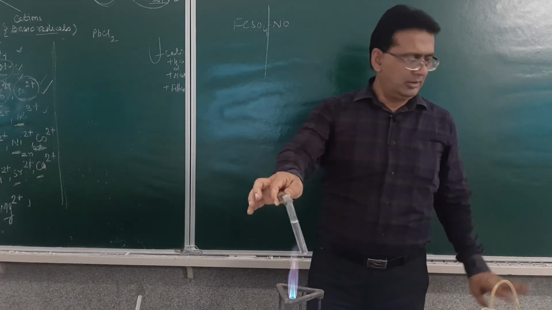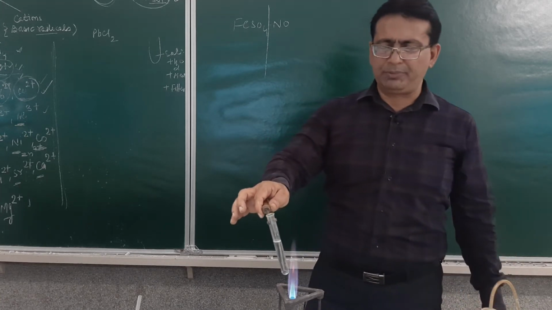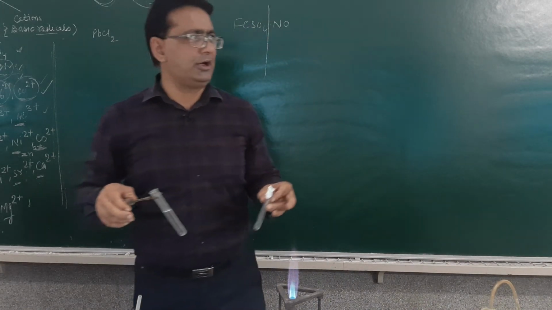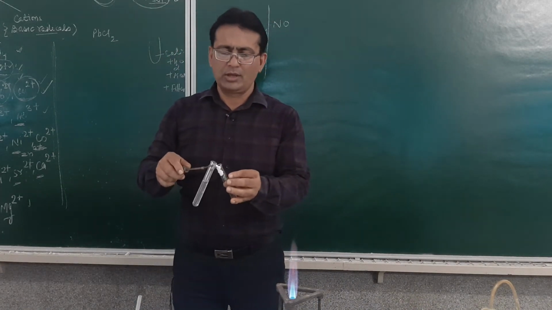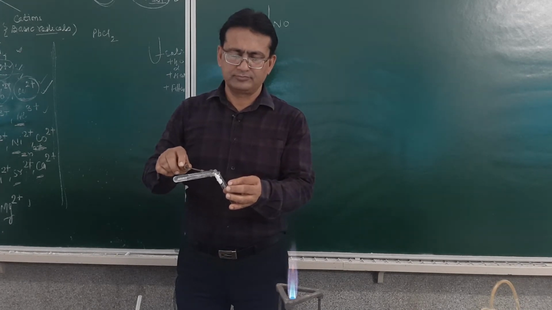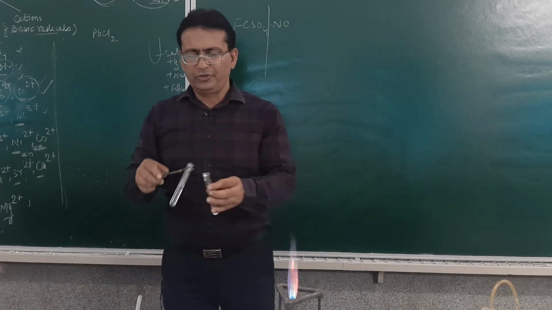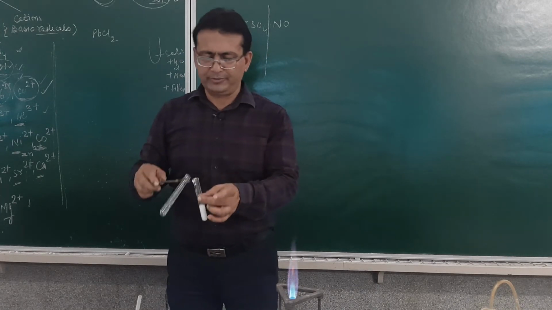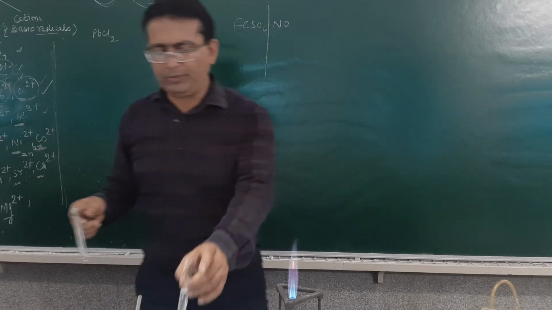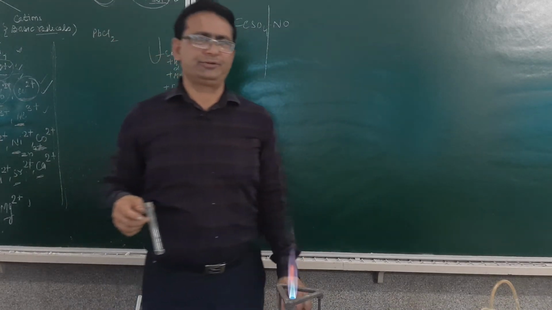When you find that it has got heated up, you have to add water to this, so as to dissolve the lead chloride. We all know lead chloride is soluble only in hot water.